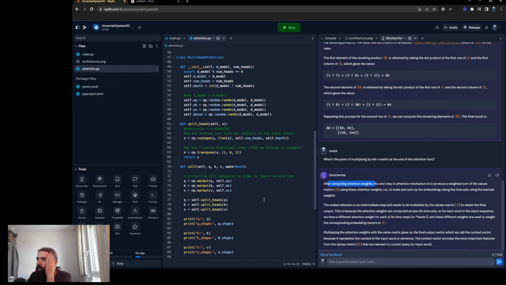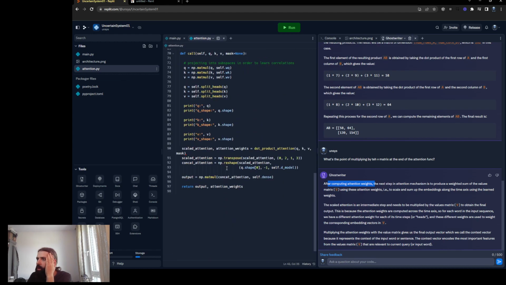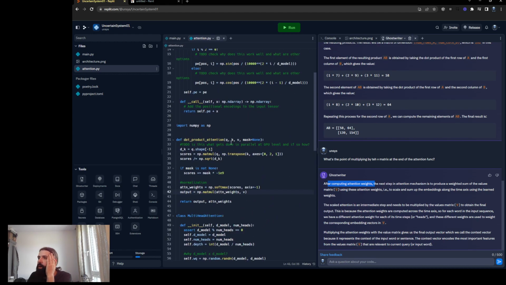First of all, why are we even returning? So the attention weights are calculated. Okay, so the attention weights are between these two things, yes, and then why is this returning two values?